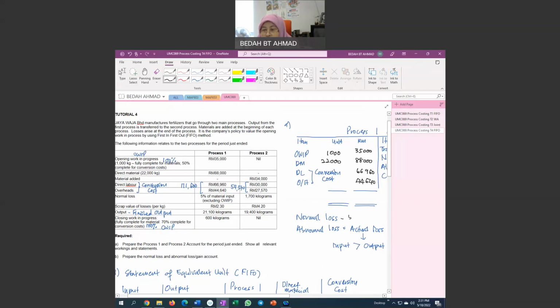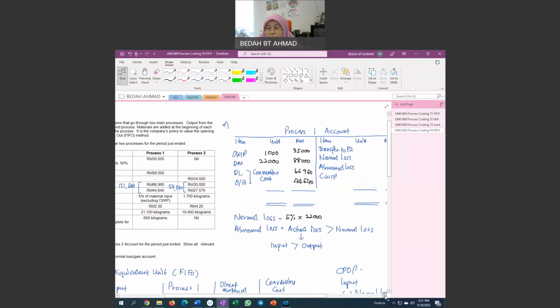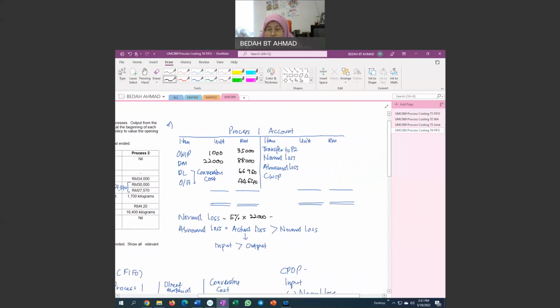So the 5% applies only to the input unit of direct material, 22,000. 5% of 22,000 is 1,100 units. These 1,100 units are multiplied by the scrap value, which it can be sold at 2 ringgit 30 cents. So 1,100 multiplied by 2.3 is 2,530.